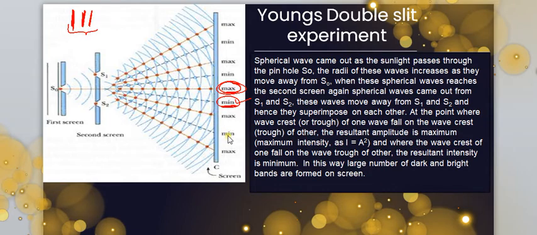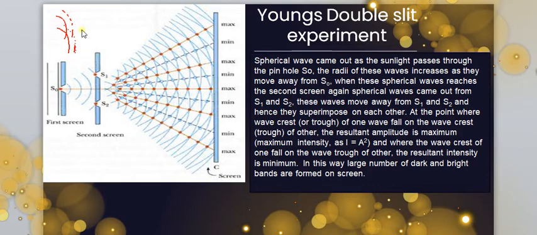When these fringes are obtained, we very well know that light travels in the form of crests and troughs. So we can mark these crests and troughs with dark solid lines and dotted lines. Here I am indicating the crest with the dark line and the trough with the dotted one.